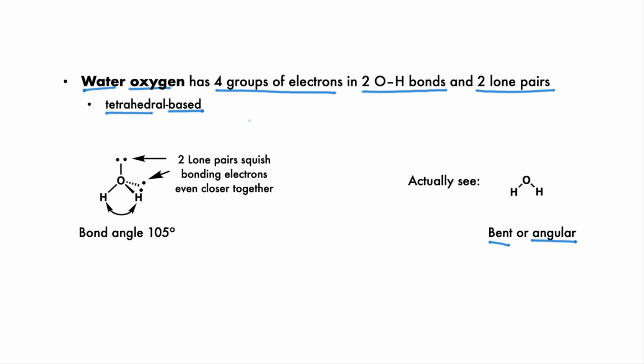The bond angle is 105 degrees, which is even smaller than the 107 degree bond angles in ammonia. That's because there are now 2 big non-bonding lone pairs squishing together the 2 OH bonds even more. All oxygens in organic molecules with this bonding pattern are tetrahedral based, but appear to be bent.